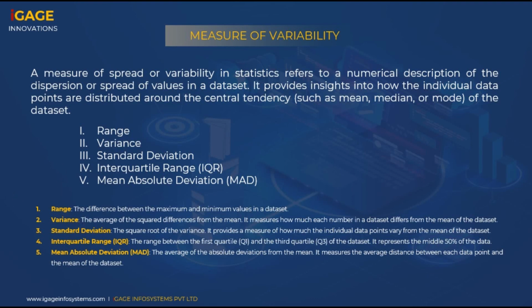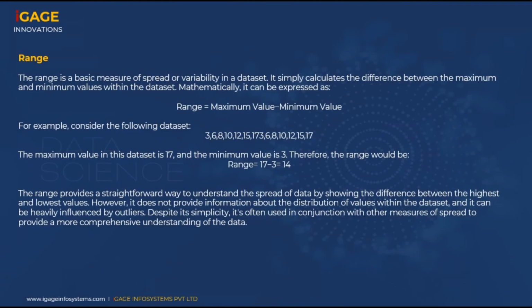Range is the basic measure of the spread of variability in a data set. Range is the distance from the largest score to the smallest score in a distribution. Suppose we have 10 data points; in them we will have a minimum value and a maximum value.